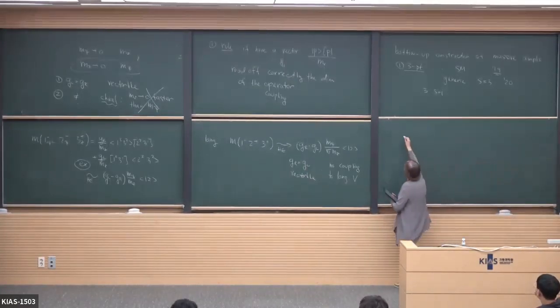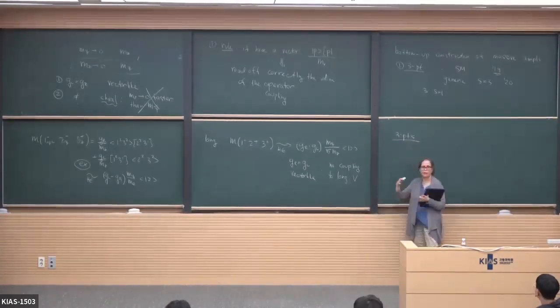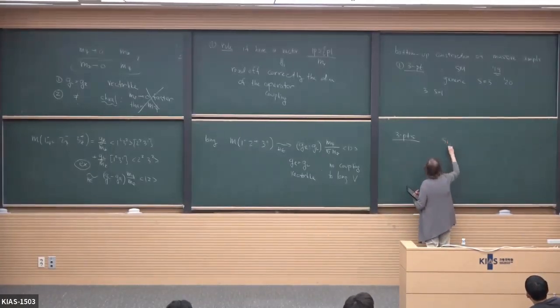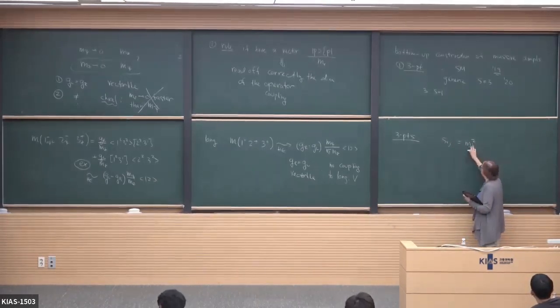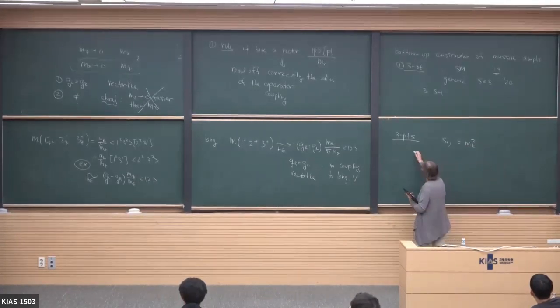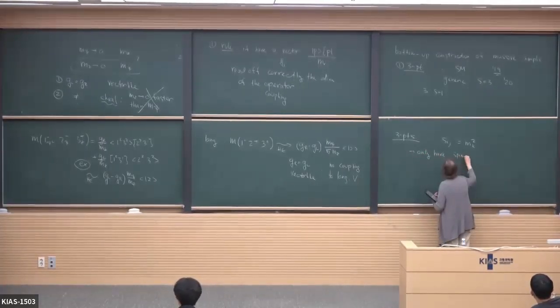Because we're in the business of constructing all the 3 points, for the 3 points all the s_ij's are simply m squared, the correct sum of m_k squared, and therefore we only have spinor structures.